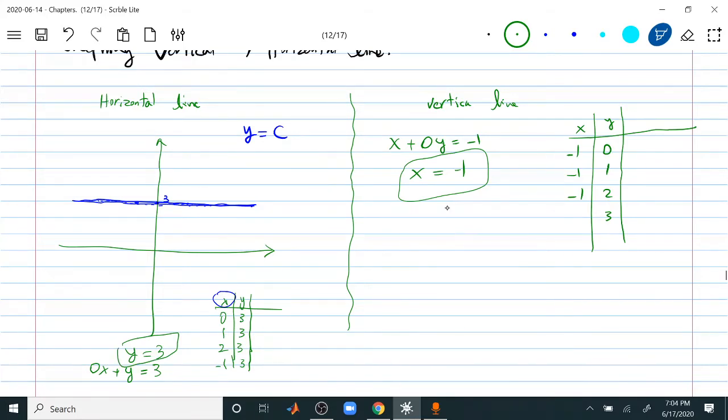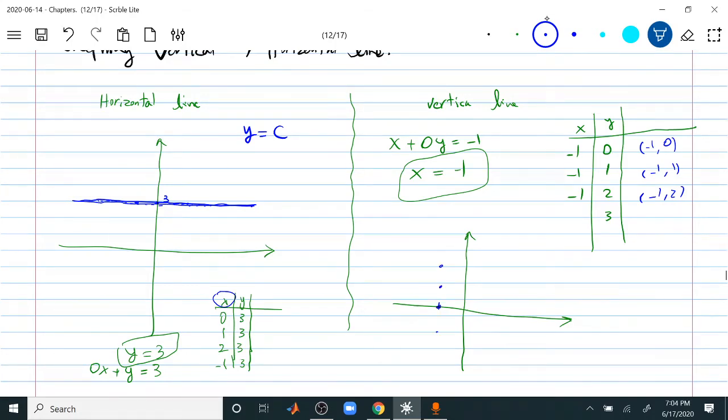So what does the graph look like? As we expect, it's a vertical line. Vertical line through the points -1, 0. -1, 1. -1, 2. And so on. -1, 0, that's the point. -1, 1. -1, 2. -1, -1, and so on.